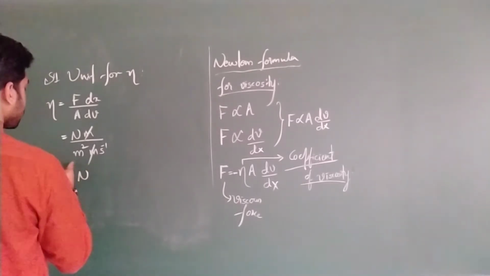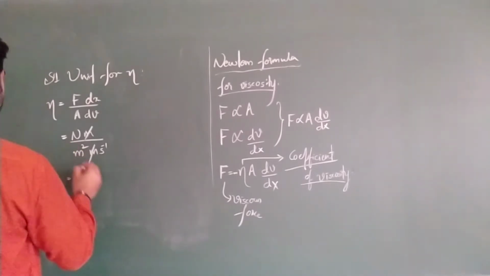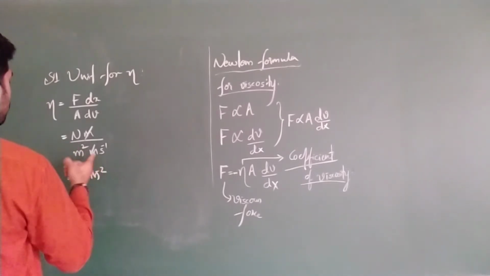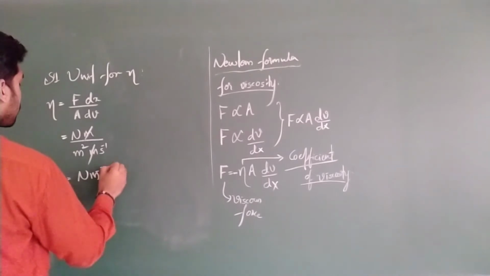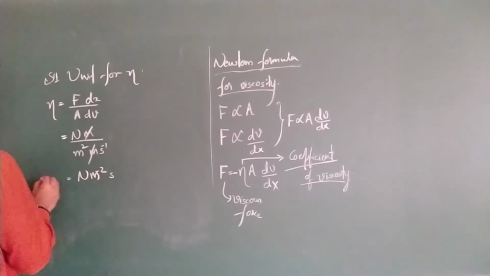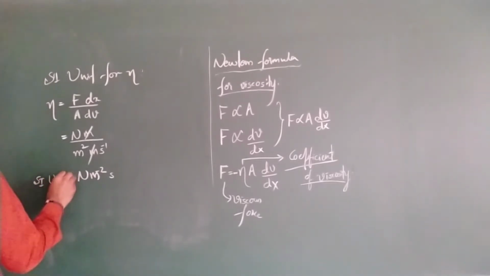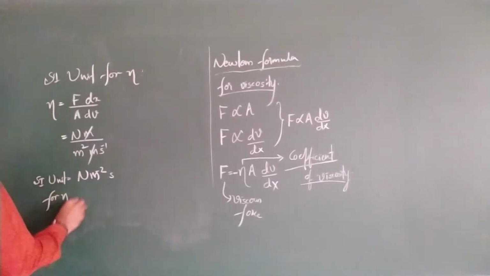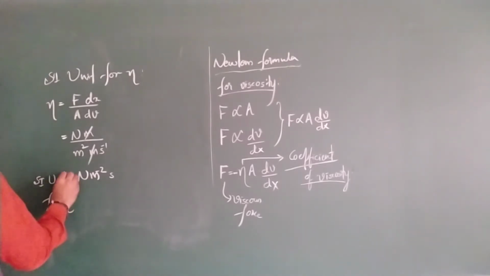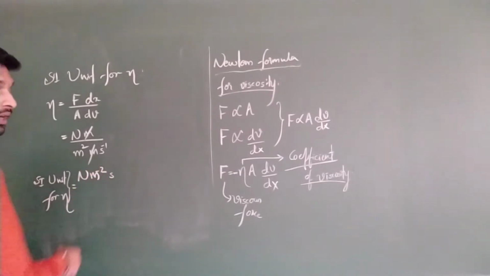Newton, and this meter square will go to the numerator, so it becomes Newton per meter square. S will come to the numerator, S power plus 1, or simply S. This is the SI unit for eta: Newton per meter square second.